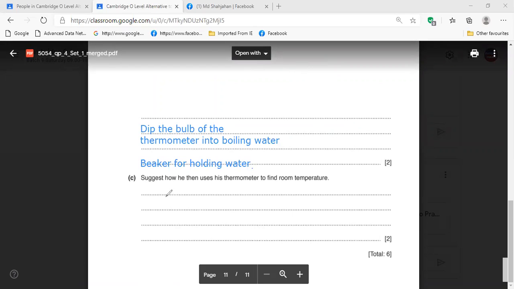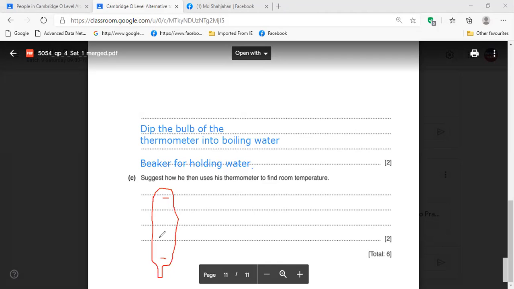Here you have the thermometer, and it is unmarked, completely uncalibrated. Now you have the steam point here and the ice point here, marked.